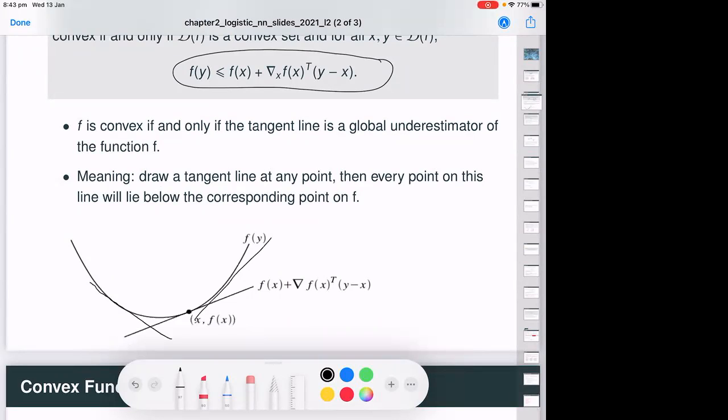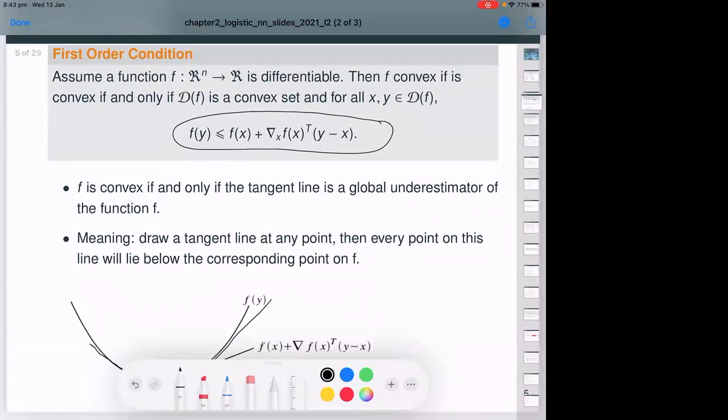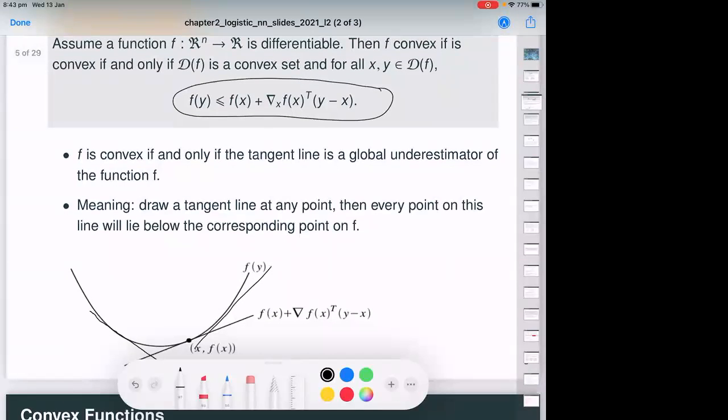Okay? Shouldn't the inequality be the other way around? Oh. Yes, you're right. Good point. Yes, because my line is there, and this is also right.